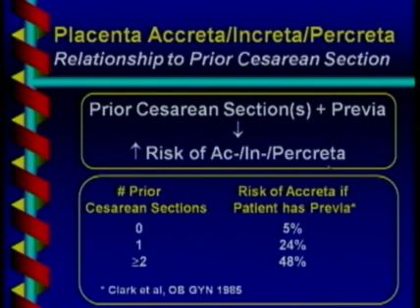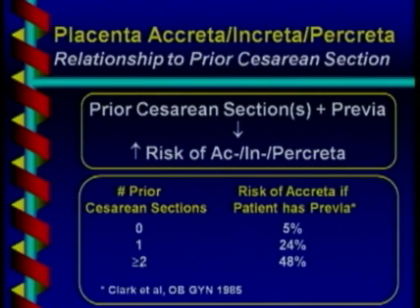If a woman has had one prior C-section and the placenta implants over that area, she has a 1 in 4 chance, a 24% chance of having a placenta accreta.